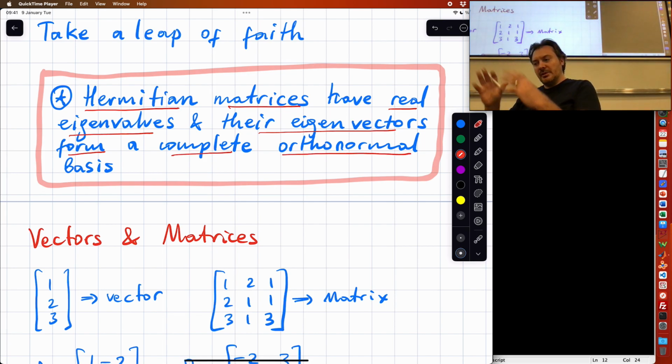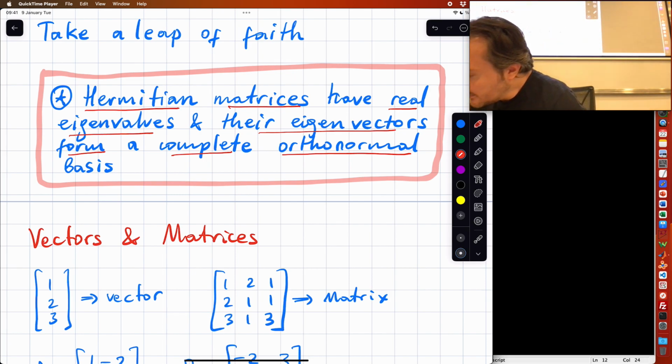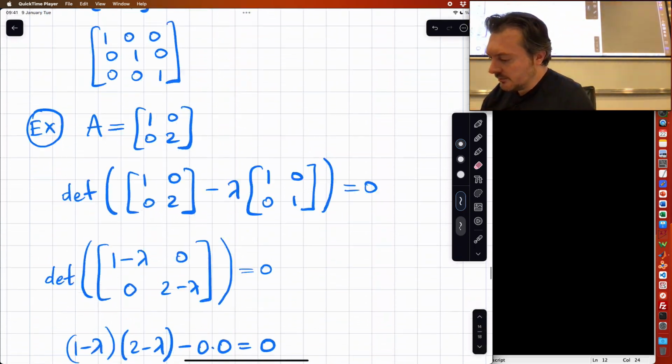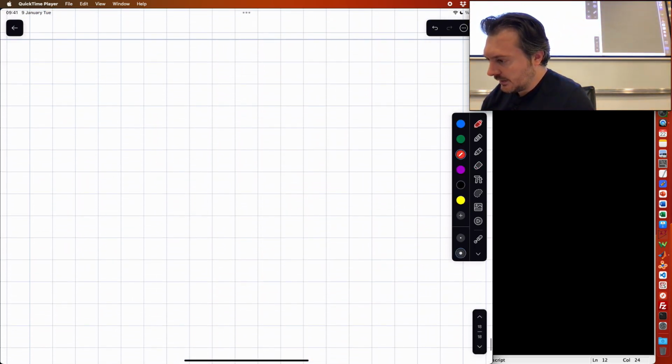We are already there. We didn't understand complete yet, but we started understanding orthonormal. So what is normal? You know, right? What is orthogonality? Let's find out.